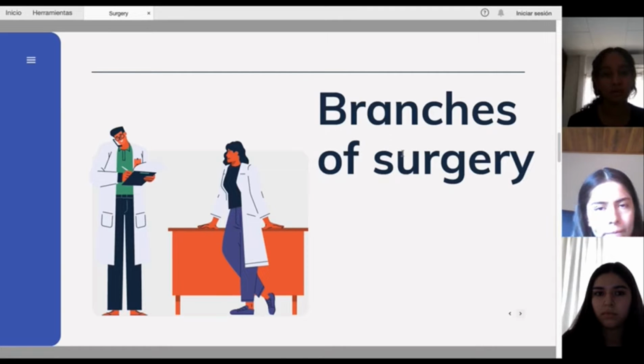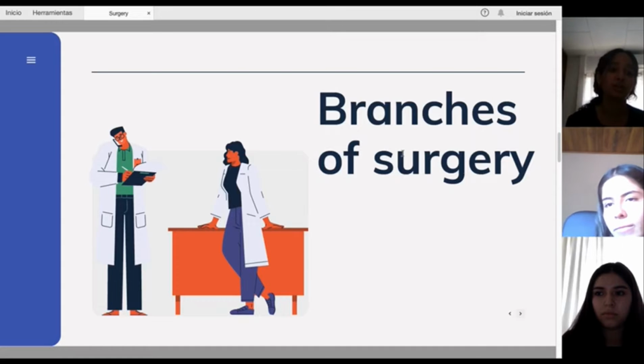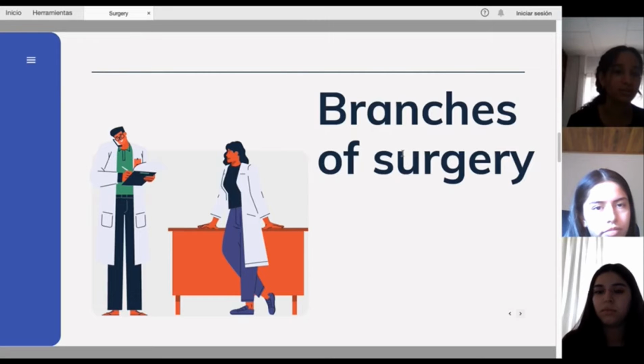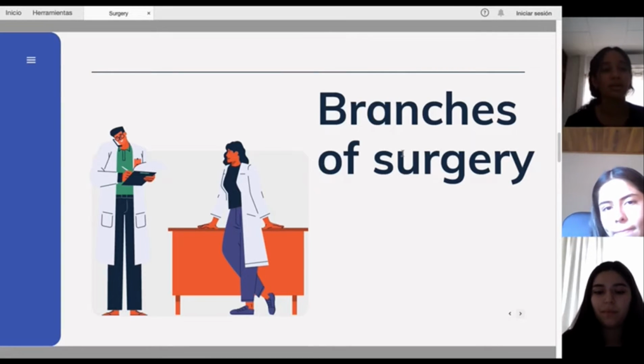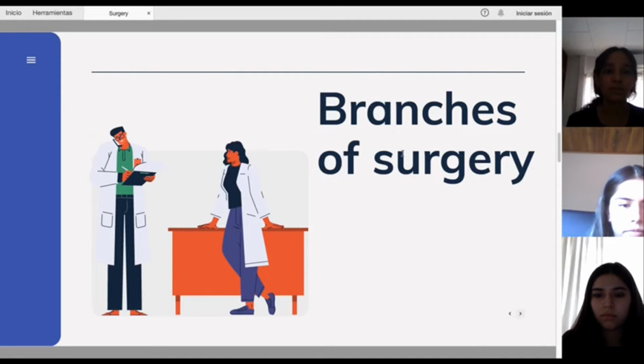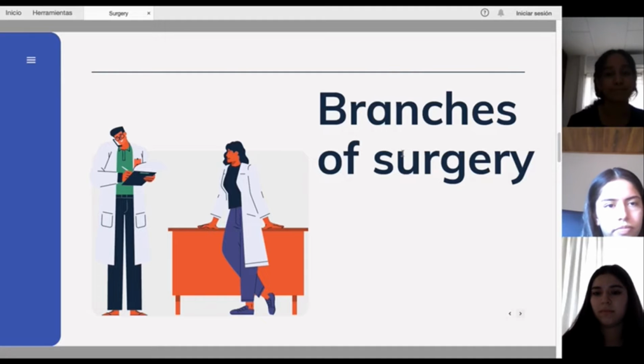Plastic, aesthetic, and reconstructive surgery. Plastic surgery is a surgical specialty involving the restoration, reconstruction, or alteration of the human body. Thoracic surgery refers to operations on organs in the chest, including the heart, lungs, and the esophagus. Neurosurgery is the last one. Neurosurgery is the surgery of the nervous system.